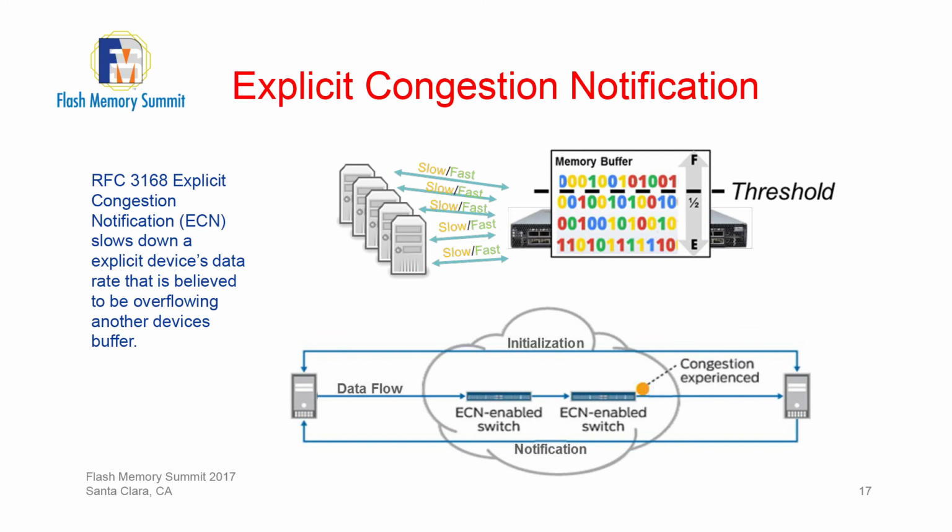With ECN, it can work across a multi-switch network, and it's even better in that when congestion is detected on any switch, it sets a bit in the packet that triggered that congestion, and a message is echoed back from the destination to the source of this overload, and that tells that overloading source to back off, slow down, and then there's an algorithm that allows it to come back and speed up over time. And if it keeps congesting, it keeps getting told to slow down.